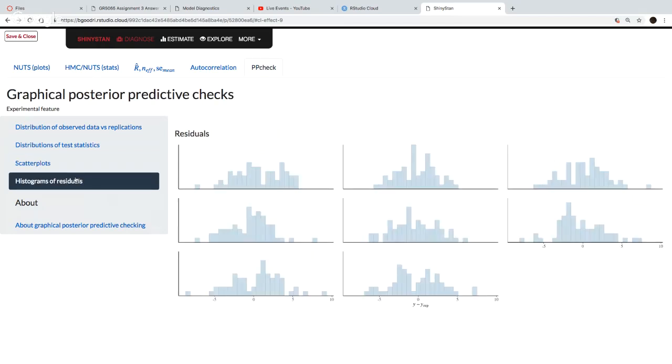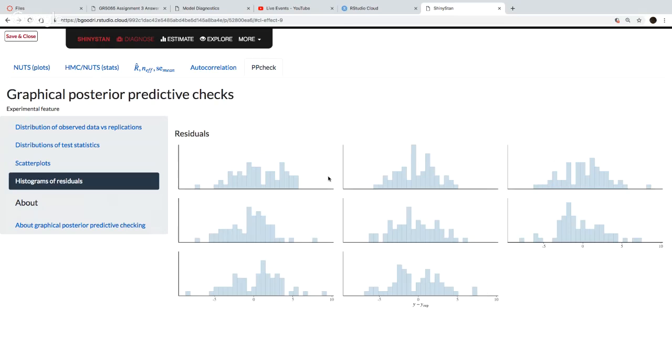You can make residuals, which probably should be called errors, but in any event, the difference between the observed outcome and the posterior predicted outcome is the errors. And you can get a distribution of errors for any observation because you have multiple realizations from the posterior predictive distribution that you can subtract from the observed outcome to get those residuals.